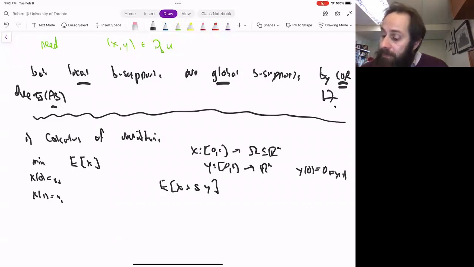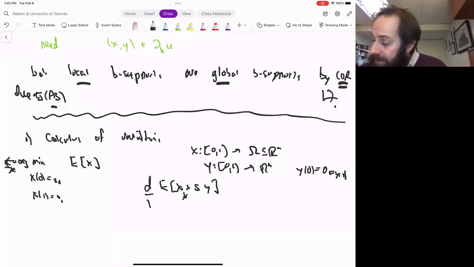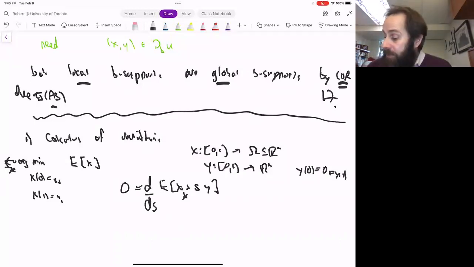then if X is a minimum, let me take X to be an argmin. We'll call it X star. And then I perturb that. The basic idea is that if this derivative exists and S equals 0 is a minimum, then the first derivative has to vanish.